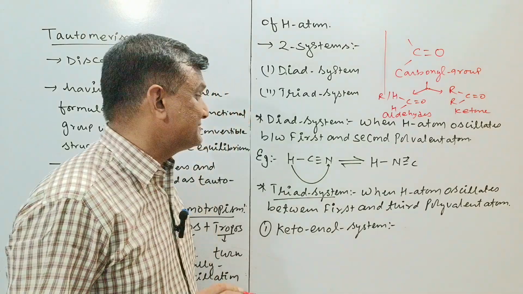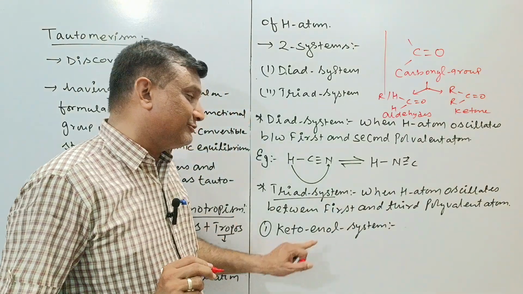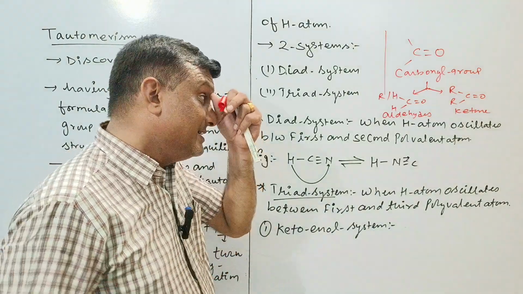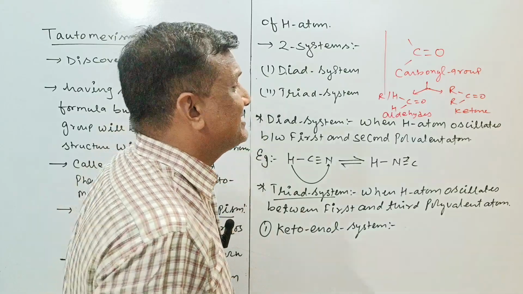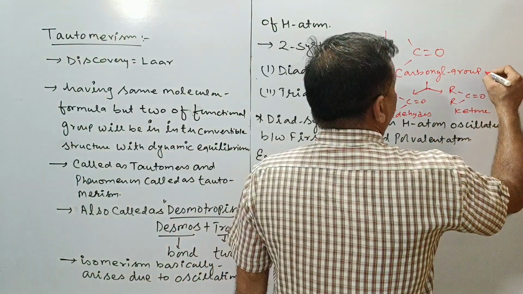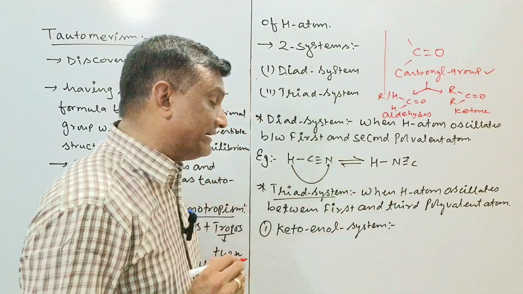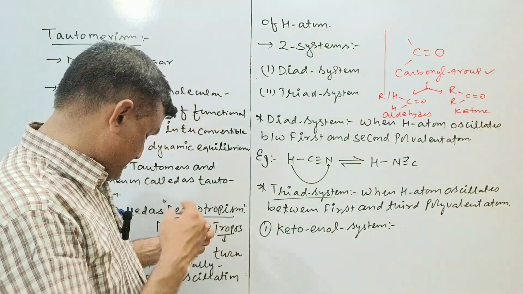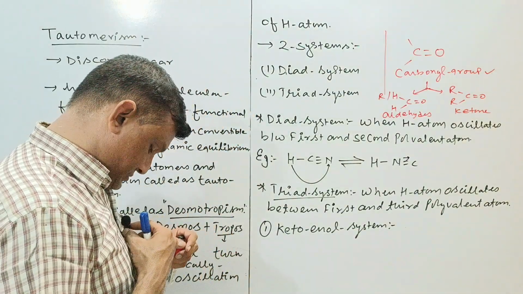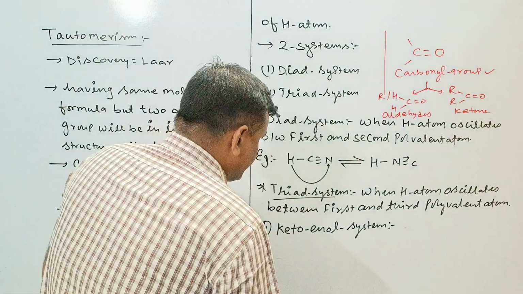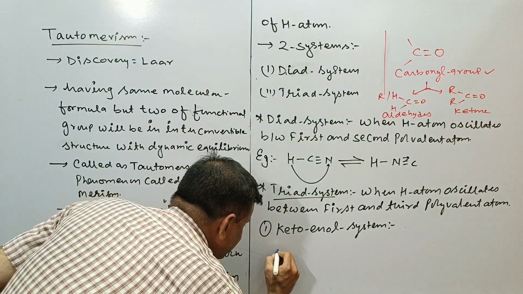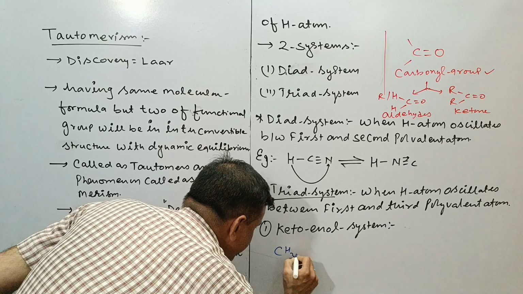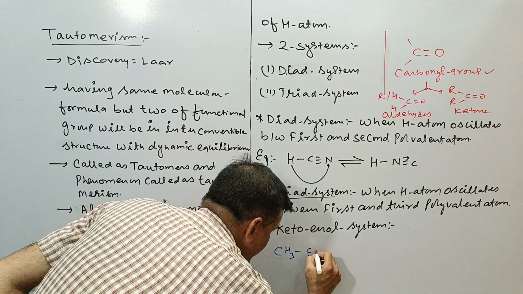So if we go with the specific thing regarding keto-enol isomerism, then this type of isomerism basically exists in carbonyl compounds, aldehydes and ketones. How? Let's see. Here is the example, CH3CHO.